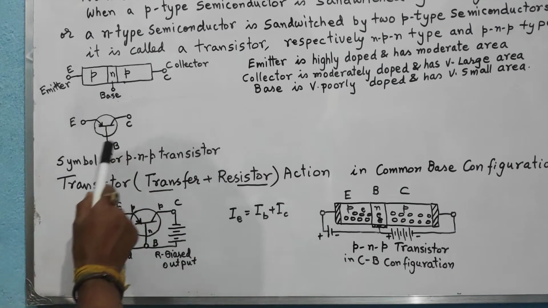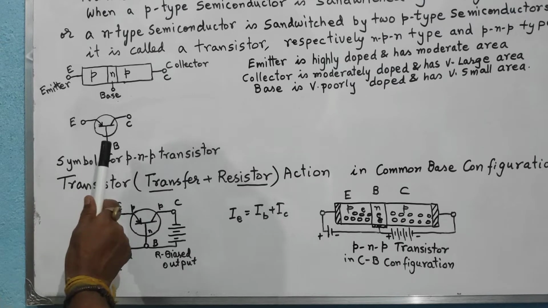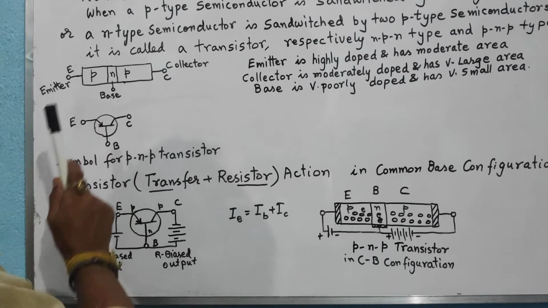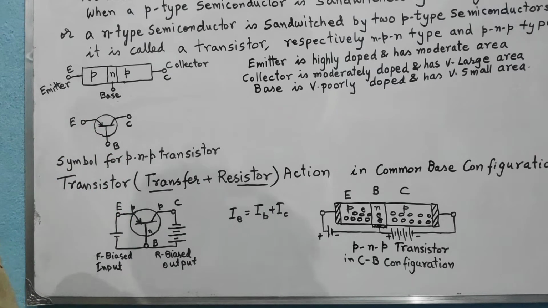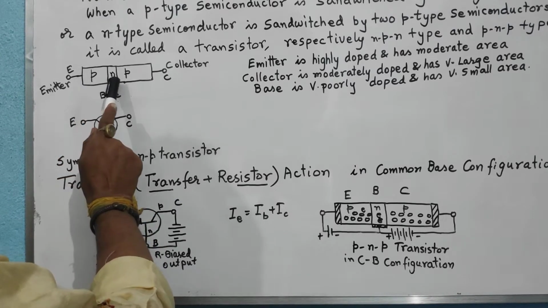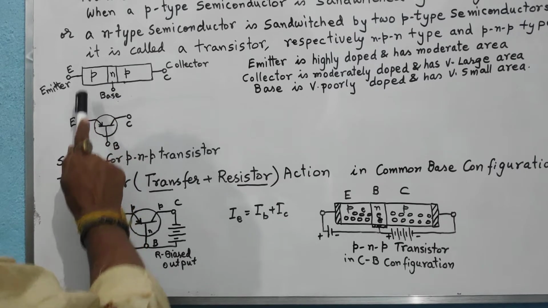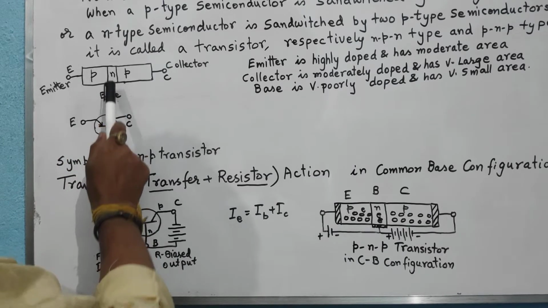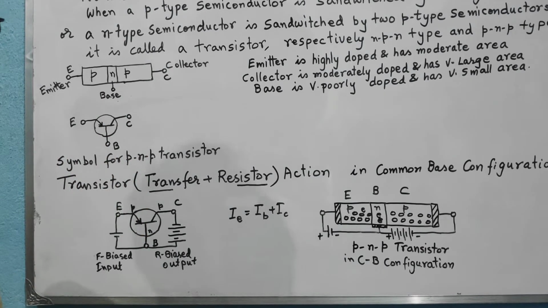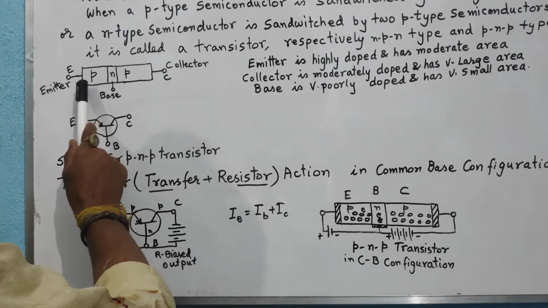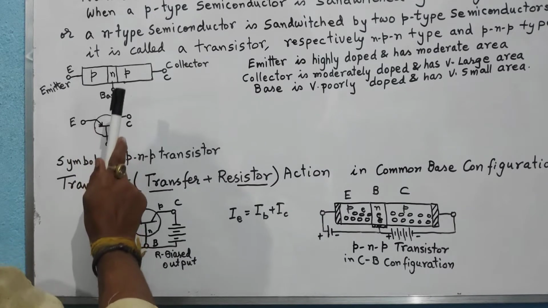The symbol for a PNP transistor is like this. If we have a forward bias for the emitter and base, then the arrow shows the direction of conventional current. The emitter and base, P and N, are forward biased, which means the P side should be connected to the positive and the N side to the negative terminal of a bias battery, and therefore the current will start flowing from the P type into the N type.